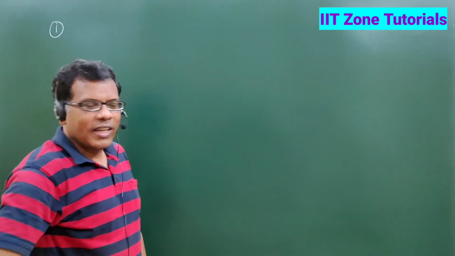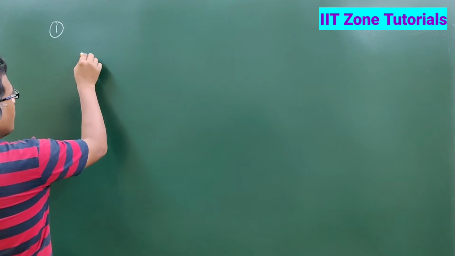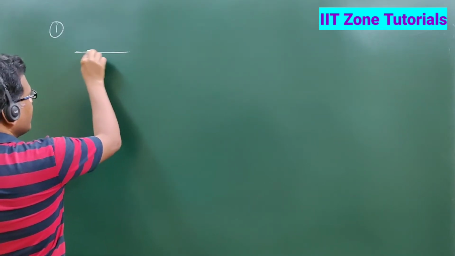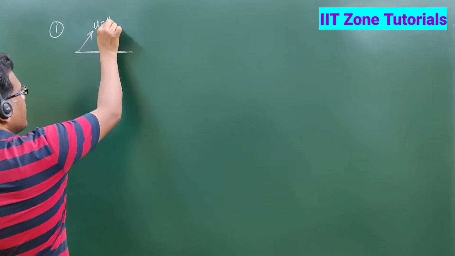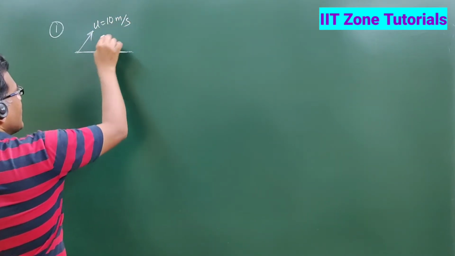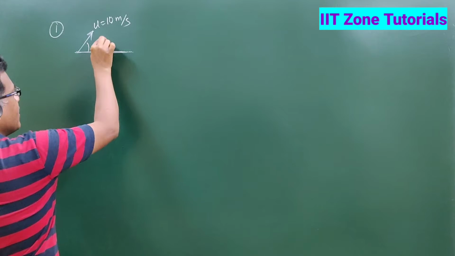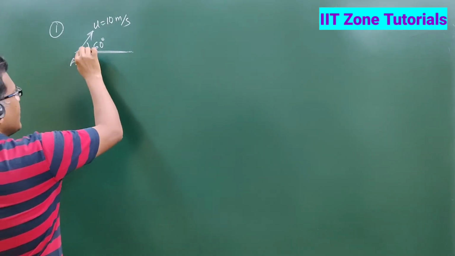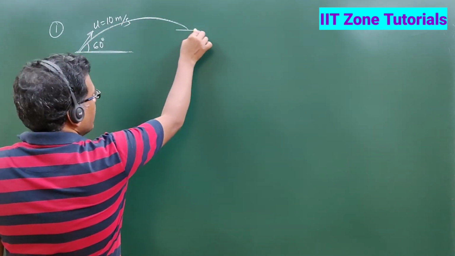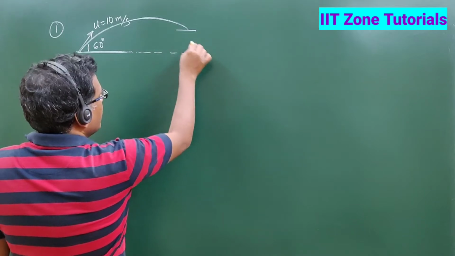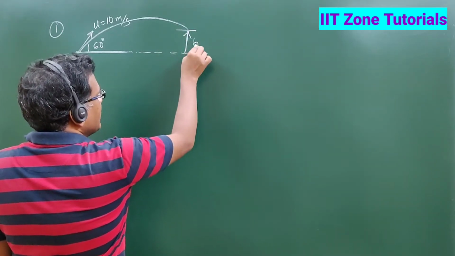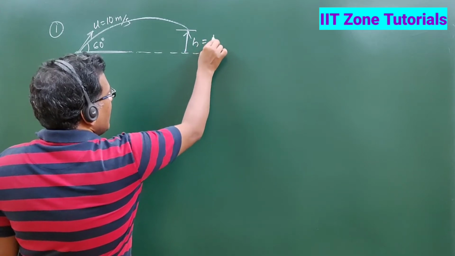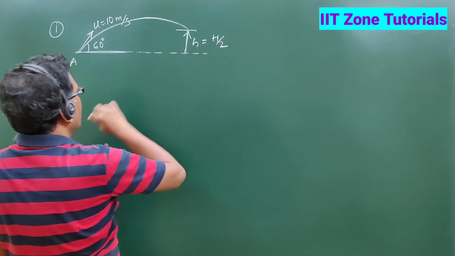Suppose I'm discussing one problem where a particle is thrown with a certain velocity, let it be 10 meters per second, at an angle of 60 degrees, right? And it is discussed up to this point. The final point C is at some height, let it be half of the maximum height.